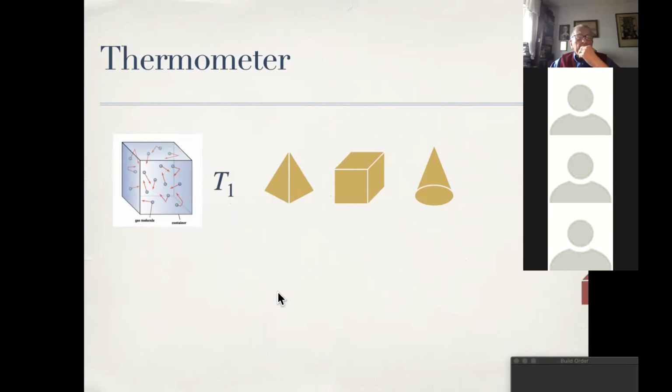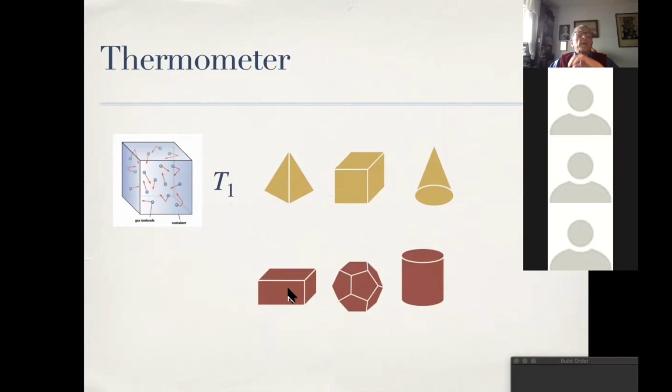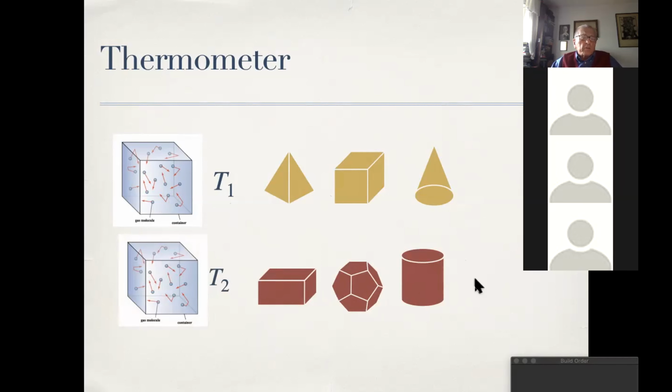So if we have another set of bodies which are in thermal equilibrium, and we again use an ideal gas as a thermometer, and when it is brought to thermal equilibrium with these bodies, the reading will be T2. That will again be a temperature, a mean kinetic energy of the particles of that ideal gas.